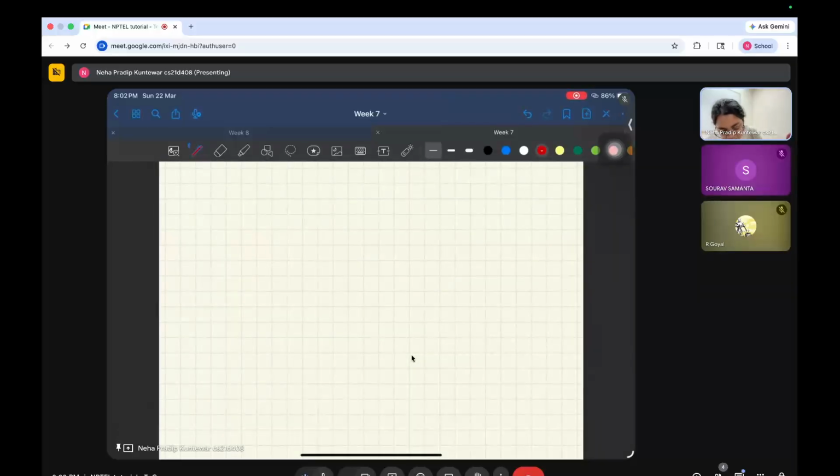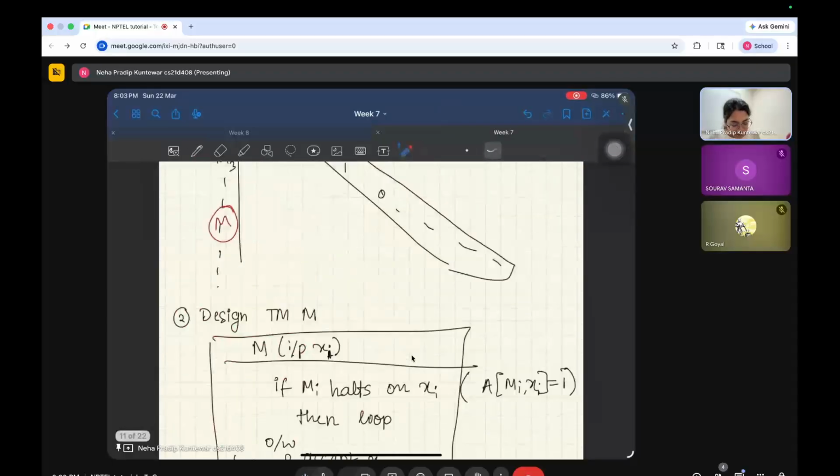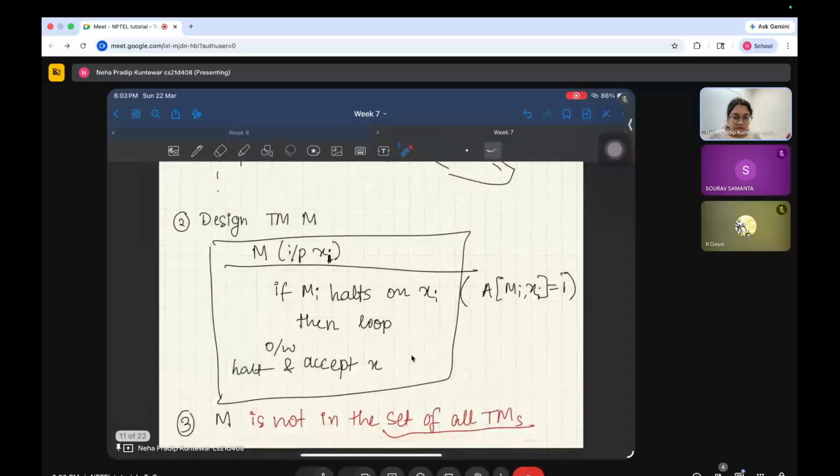We know for a fact that the set of all Turing machines is countable. Then why did this argument work out? Why was it possible for us to conclude a wrong statement?